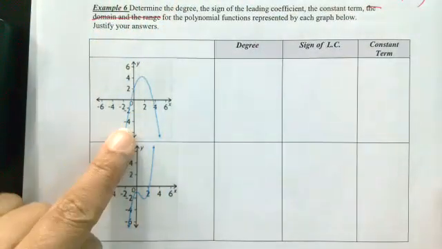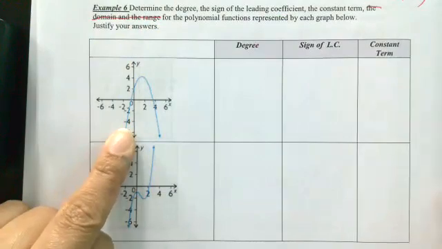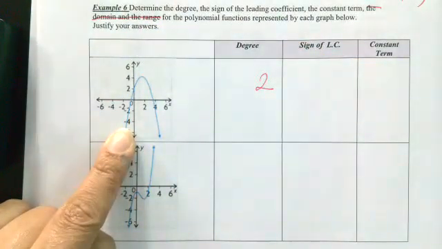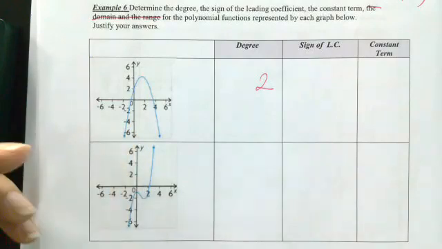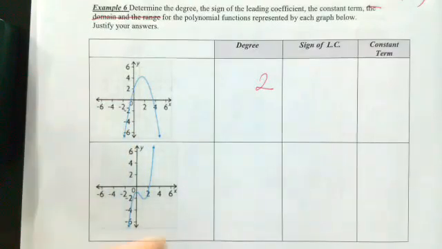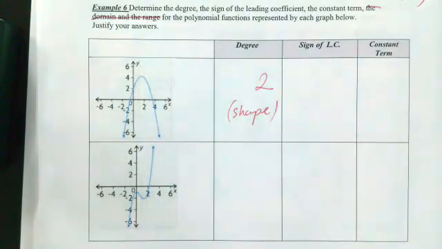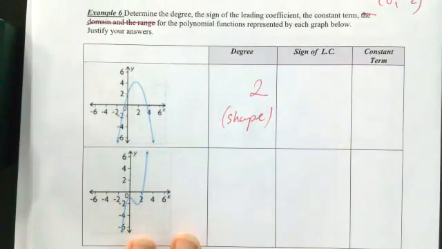So parabola in the first example, what kind of degree does a parabola have? 2. How do I know? Because of the shape, right? If it's a parabola, that's the shape for degree 2 polynomial functions, right? So in brackets, that's how I know, because of the shape. Sign of the leading coefficient is negative.